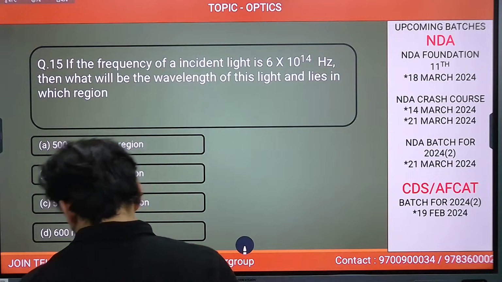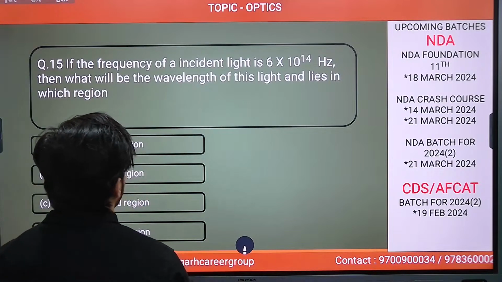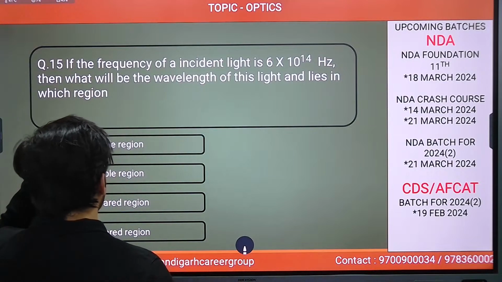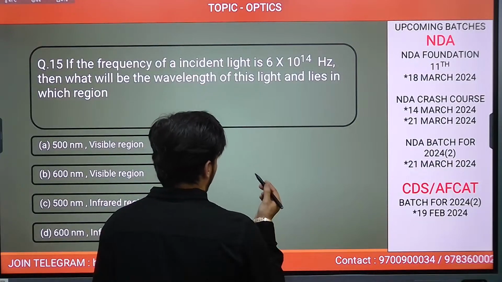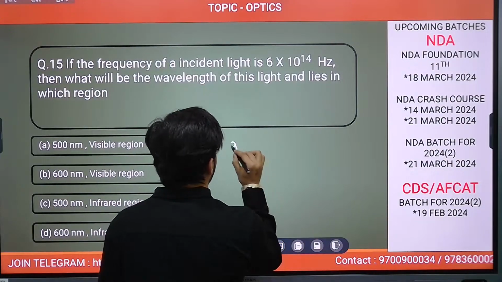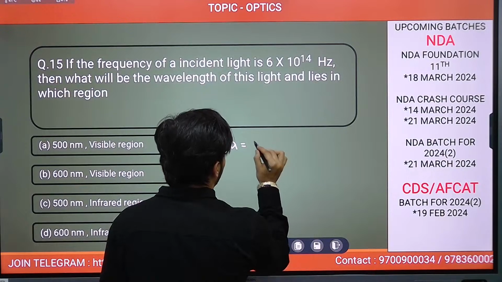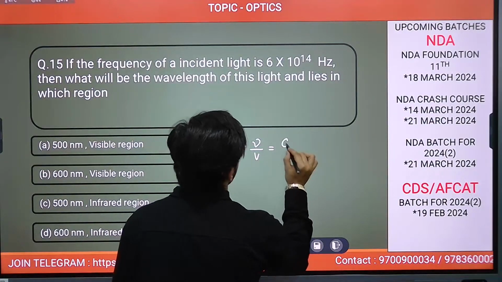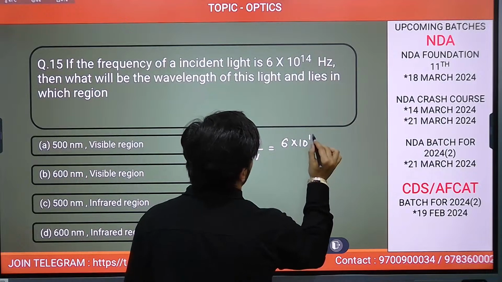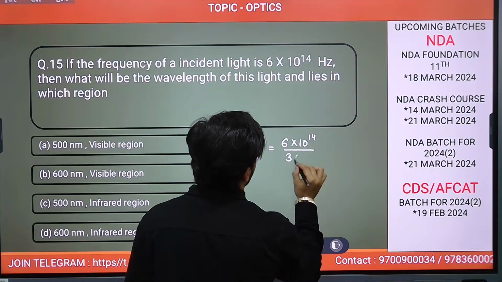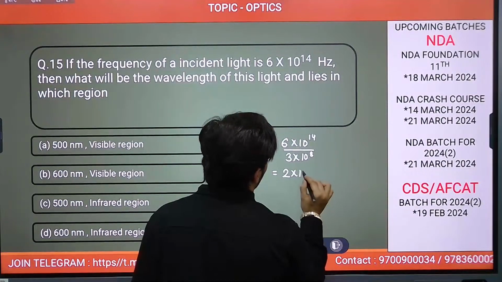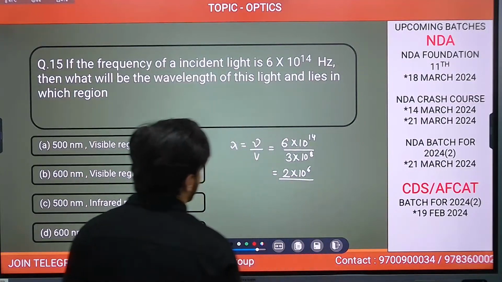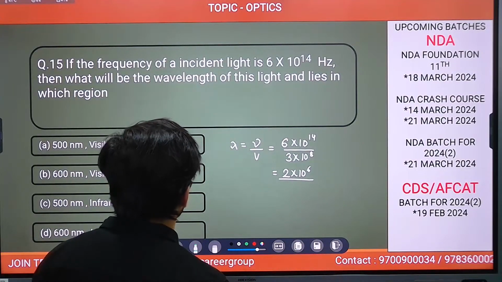If the frequency of an incident light is this, what will be the wavelength of this light and in which region does it lie? Frequency given है, wavelength निकालनी है, तो lambda कैसे निकाल लेंगे? Frequency upon speed.